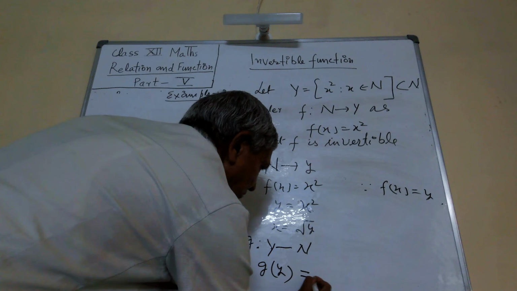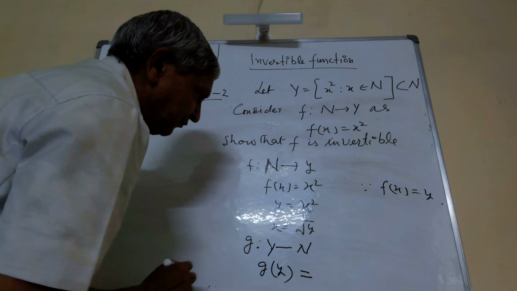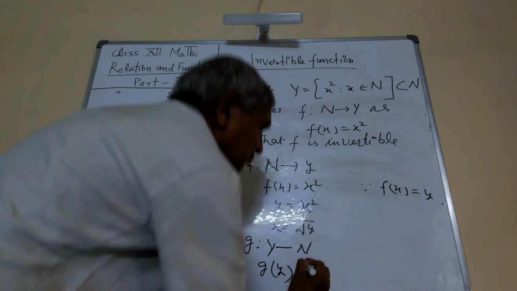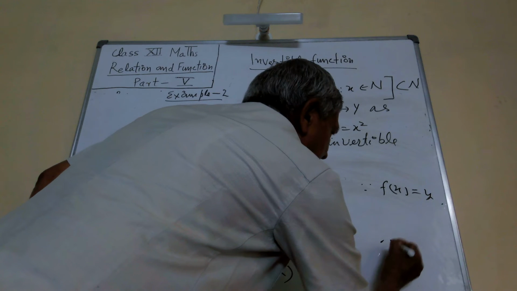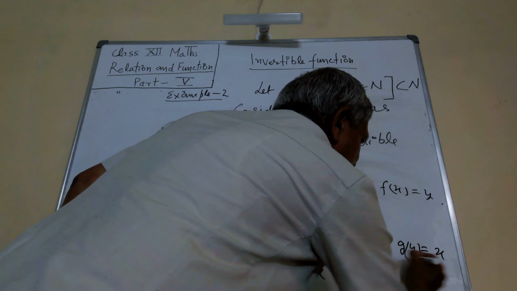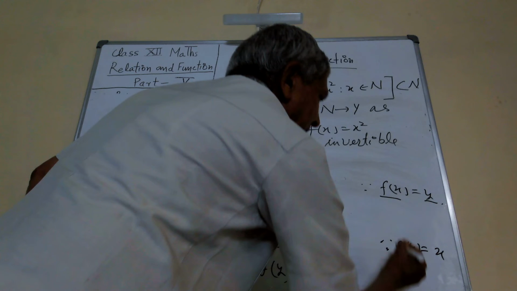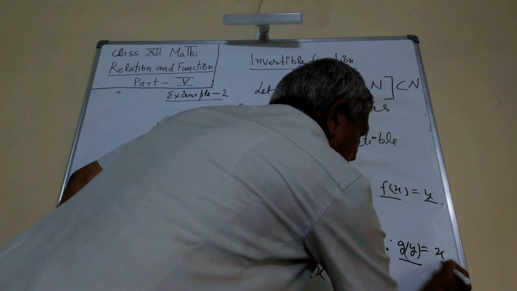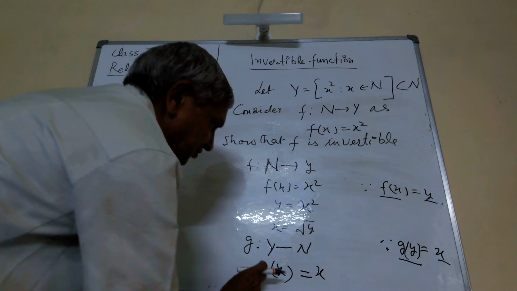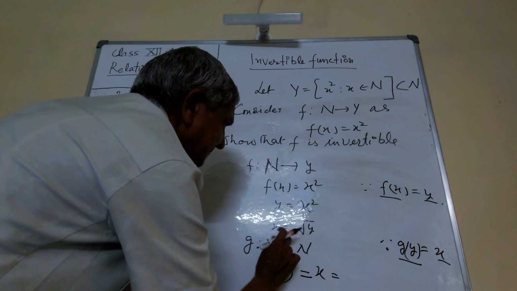And what is the value of g y? What is the value of g y? g y is equal to x. f x is equal to y and g y is equal to x. Opposite. See here, g y is equal to x, or what is the value of x? x is equal to root y.